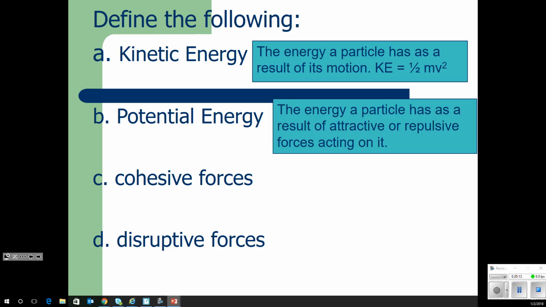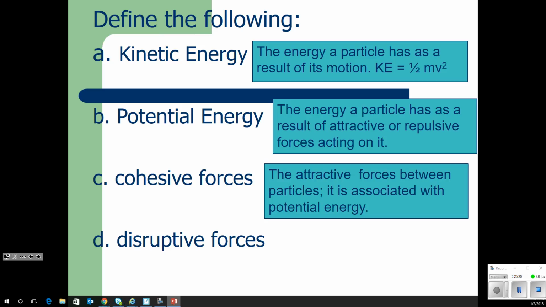Potential energy. Again, just like having potential to do well in this class, potential energy is the energy that's stored. It's an attractive or repulsive force acting on it. So it's a stored energy. Cohesive forces are related to potential energy. These are the attractive forces between particles. It's held in place, so it's sort of held together.